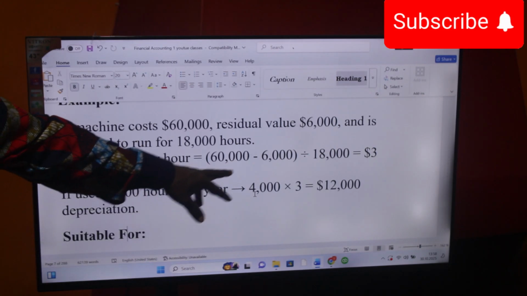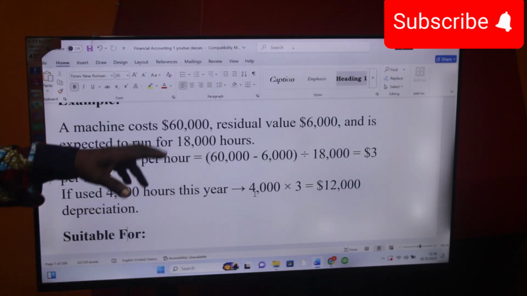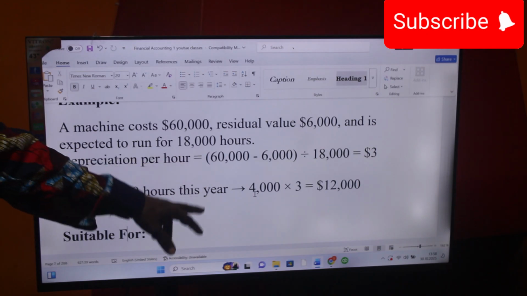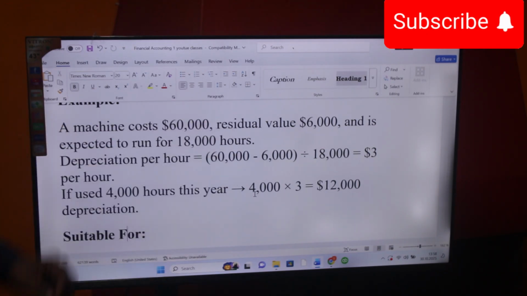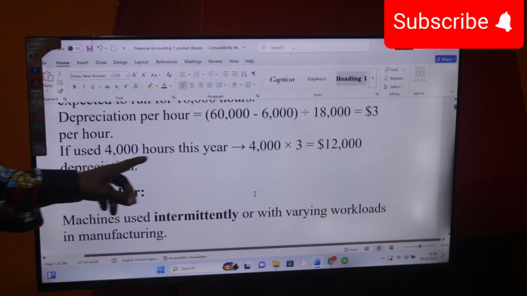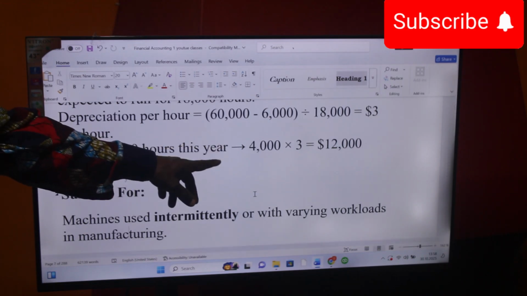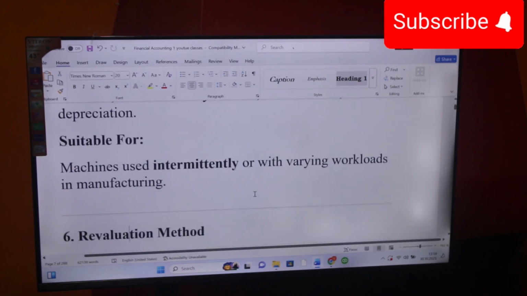So the depreciable amount is 54,000. And then you divide by the machine hours of 18,000 to get the depreciation per machine hour, which is $3 per hour. Now, if this year we used 4,000 hours, then we get 4,000 times 3, we get $12,000 as our depreciation expense.